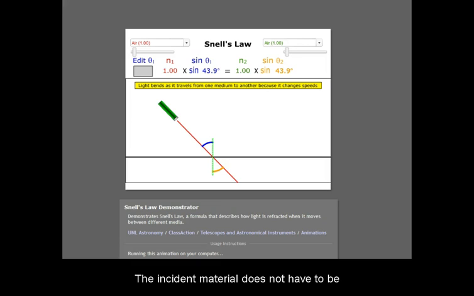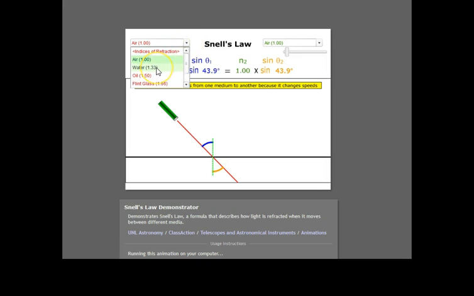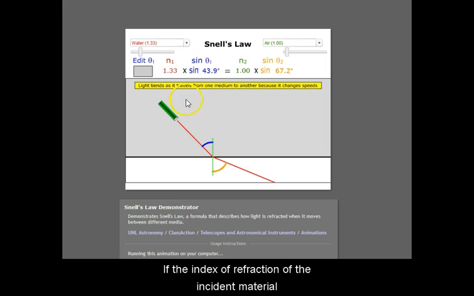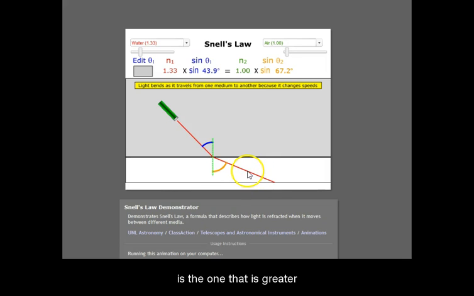The incident material does not have to be the one with the lower index of refraction. If the index of refraction of the incident material is the one that is greater than for the refracted rays, then the angle of refraction will be greater than the incident angle.